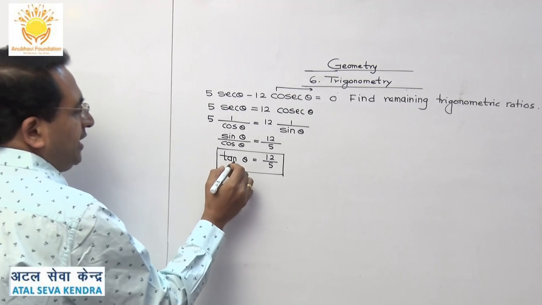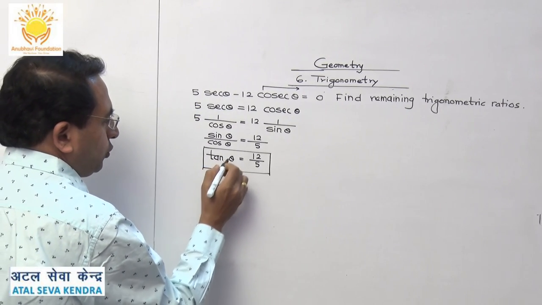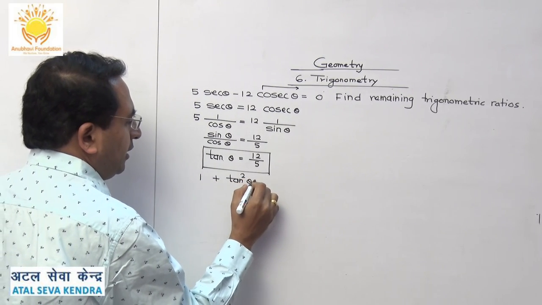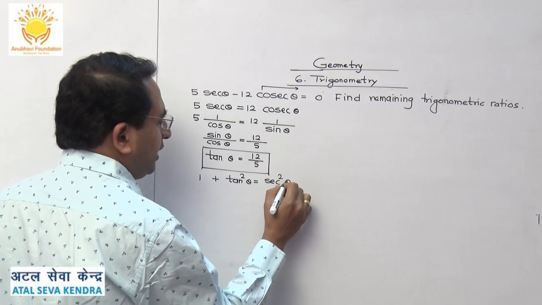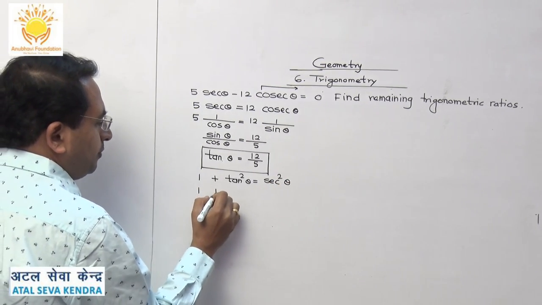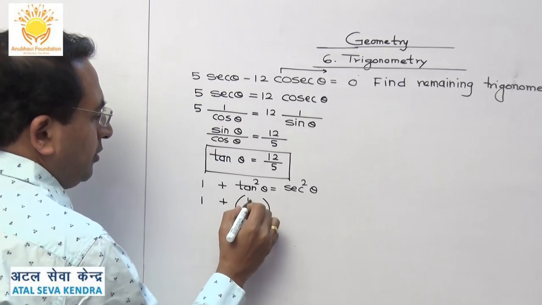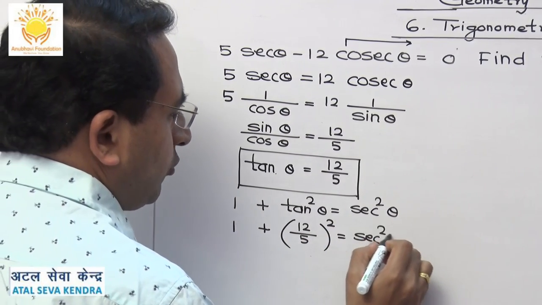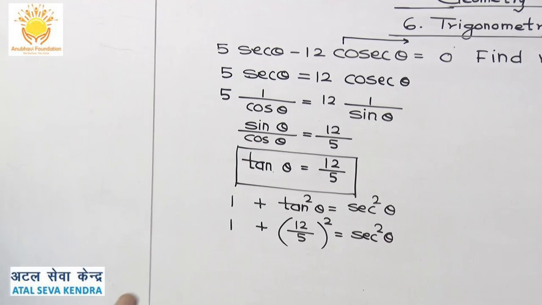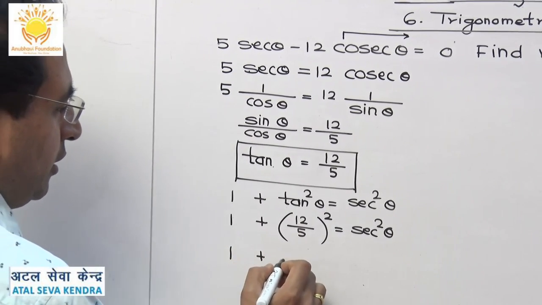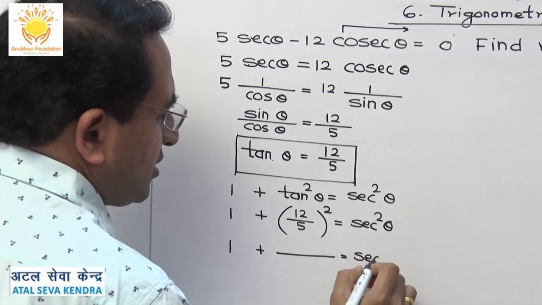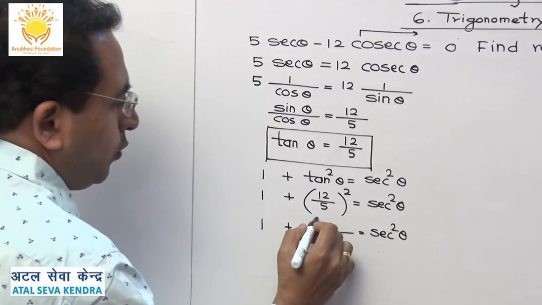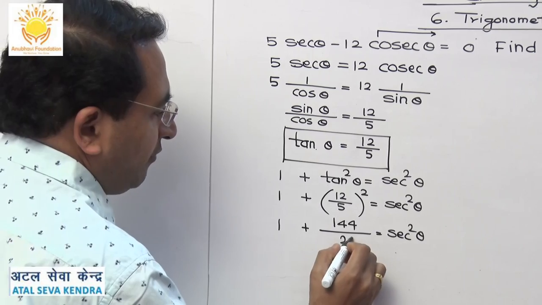That is going to become 12 upon 5, and this is the place where you start using trigonometric identities. Now there is one identity which is related to the tangent ratio, that is 1 plus tan square theta equals sec square theta. Then we can write 1 plus 12 upon 5 bracket square is nothing but sec square theta. Now I can simplify further. I think you are comfortable with this calculation. 1 plus, what is the answer you will get? 144 upon 25.